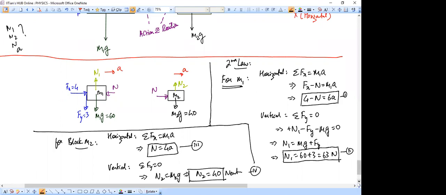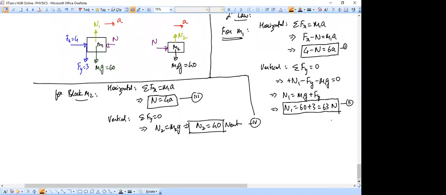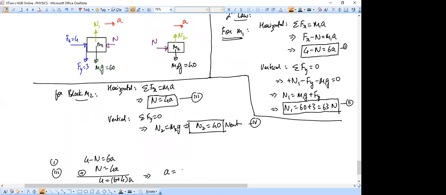So now solving equation 1 and 3. So now from this you can see equation 1 is 4 minus N is equal to 6a, and equation 3 is that N is equal to 4a. So we just add these two equations. You get 4 is equal to 6 plus 4, times a. So that tells you that the acceleration is 0.4 meters per second square. Okay.